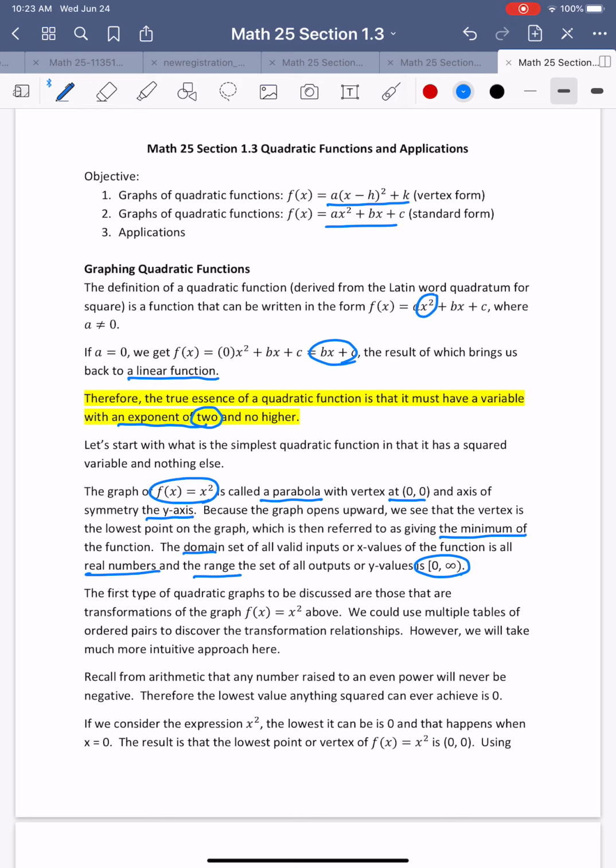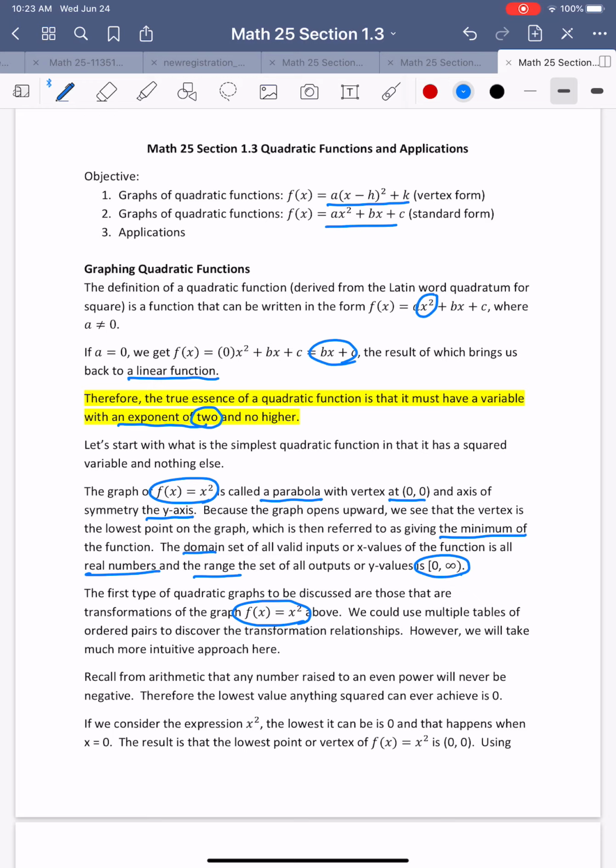The first type of quadratic graph to be discussed is transformations. When you have a basic function, or you can call it a parent function, we could use multiple tables of ordered pairs to discover the transformation relationship. However, we will take a much more intuitive approach here. Recall from arithmetic that any number raised to an even power will never be negative.